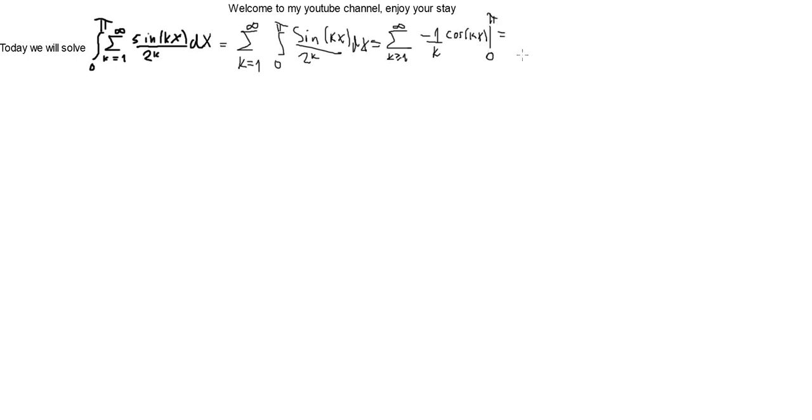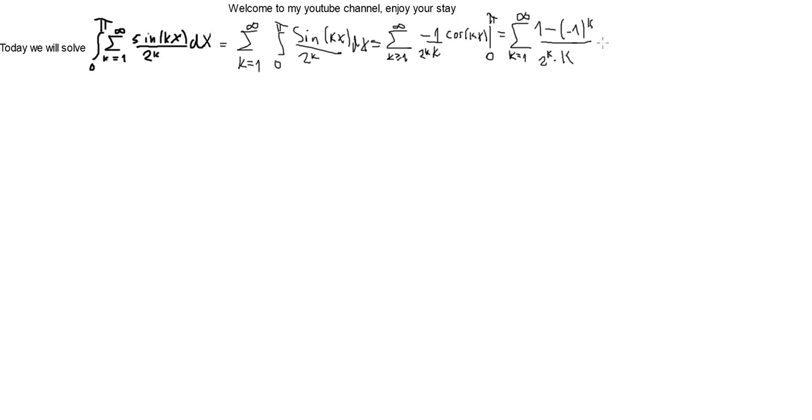So what will we have here? When you evaluate this, we will end up with 1 minus minus 1 to the k over 2 to the k times k. I don't have 2 to the k here, sorry. So we will have a sum looking like this.